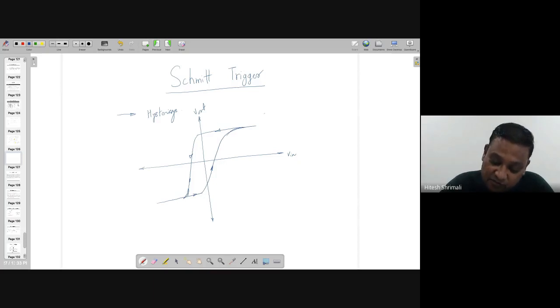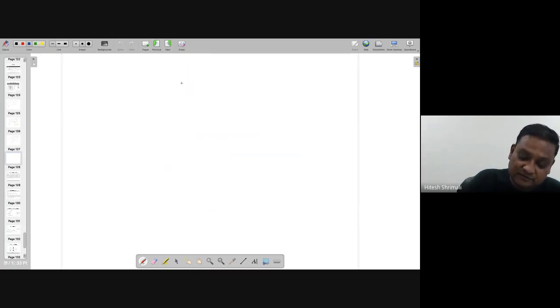You must have used the same thing in many places, not only here. Let's assume that it's a comparator. In a comparator also you must have used it. I'm going a bit away from digital, but still it's digital.